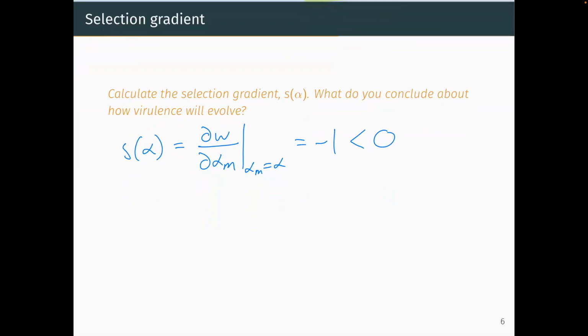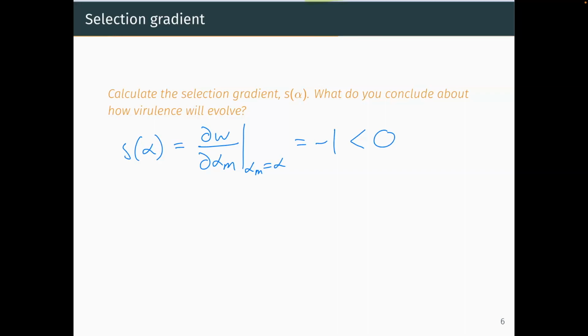Yes, so what this means is that, suppose we have a level of virulence here. Again, this is larger and this is smaller. This is my current level of virulence. Mutants on this side that have higher virulence are not going to be able to invade. But if I'm here, mutants on this side have a lower level of virulence and can invade, and that is always true no matter where I'm standing on this line.